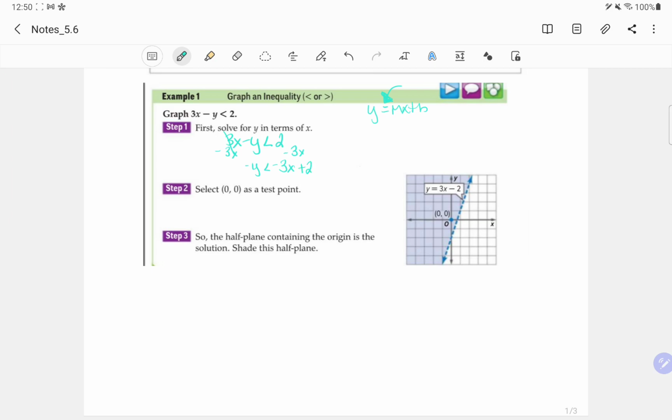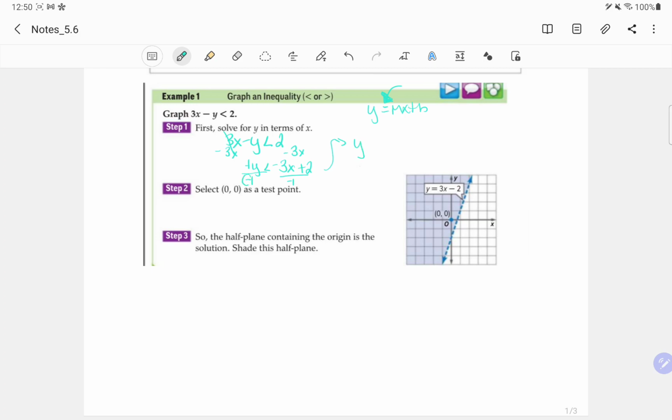From there, you just need to get rid of this negative sign that's with my y. So I have negative y, which means I actually have negative 1y. If I want to get rid of that, I'm going to divide both sides by negative 1. This becomes y.